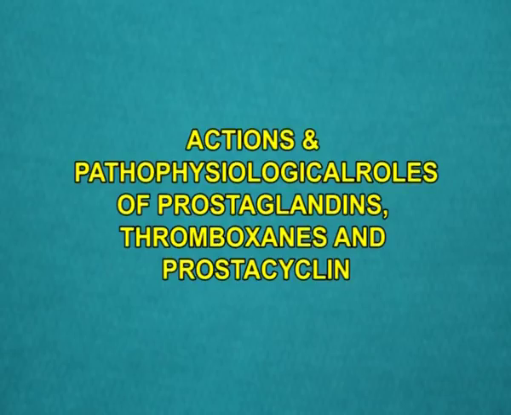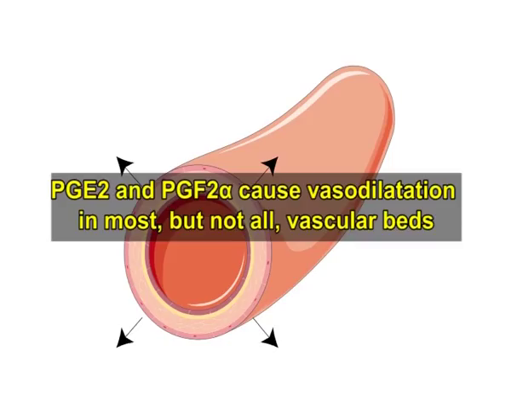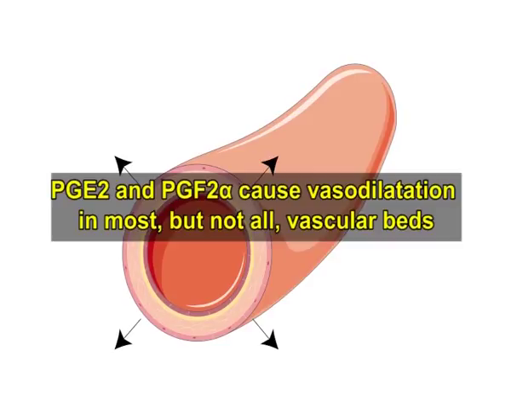Now we come to the actions and pathophysiology of prostaglandins, thromboxane and prostacyclin. The cyclic eicosanoids produce a wide variety of actions depending upon the particular PG or thromboxane species, the tissue tested, hormonal status and other factors. PGE2 and PGF2 alpha cause vasodilation in most but not all vascular beds.